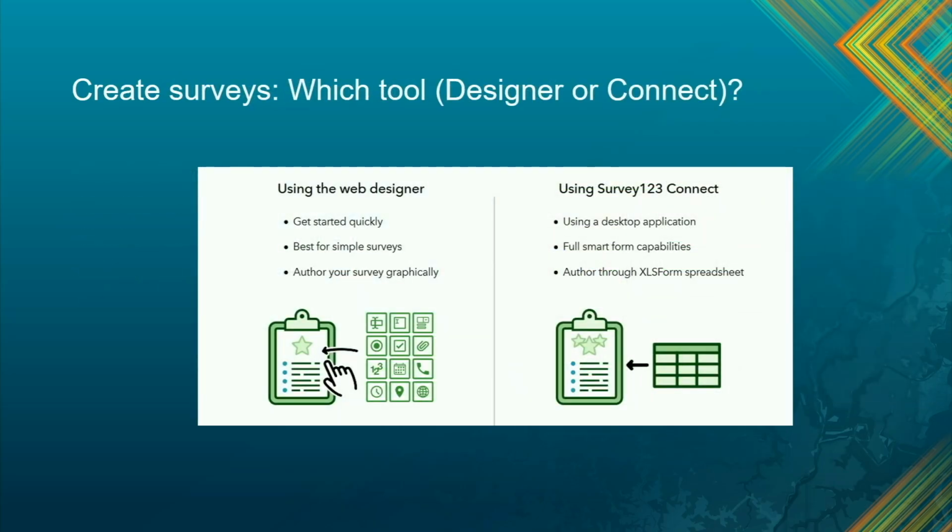As general rules, with the Survey123 web designer you get started quickly. Best for those simple surveys, you author things graphically, drag and drop. Connect, you use that full desktop application. You have the full smart form capabilities, and you work with an XLSForm, which is an Excel spreadsheet, essentially. You're creating your forms through that.